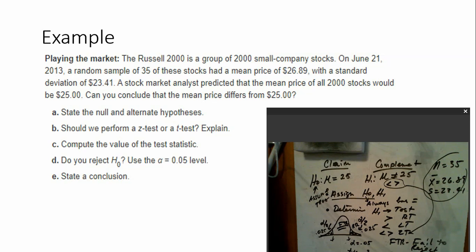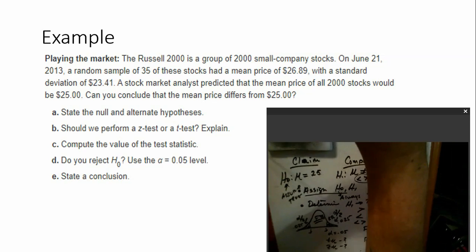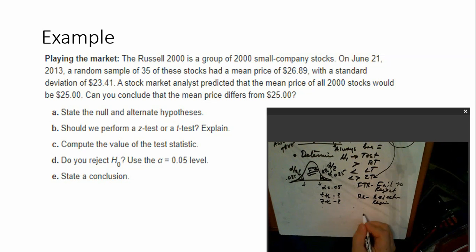So here, let me pull back up again. This is the test statistic calculation. My test statistic is my X bar minus mu 0, whatever the hypothesized value is, divided by, sorry, let me erase this. I don't know what sigma is, so I've got to use a t-score, s over the square root of n.